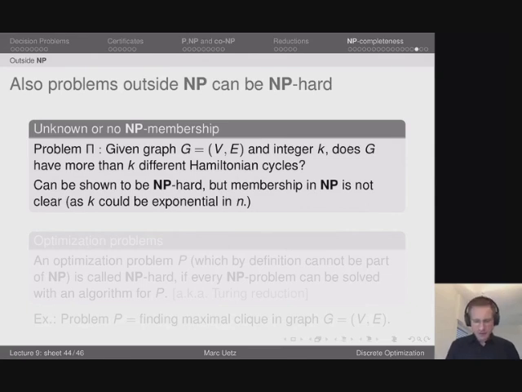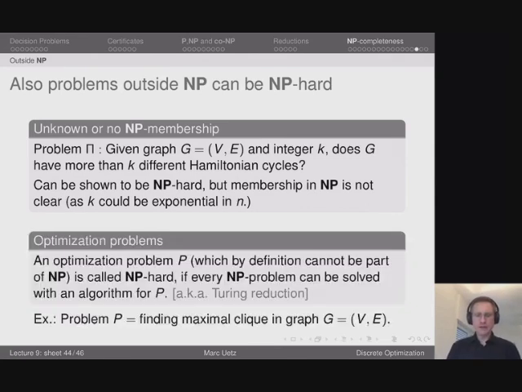Another class of problems that I would like to mention here is optimization problems. An optimization problem P cannot be a member of the class NP simply because it's not a decision problem. So it's not a member of the class NP syntactically. But nevertheless, we want to be able to say that optimization problems are NP hard. And the definition we can use here goes back to Alan Turing.